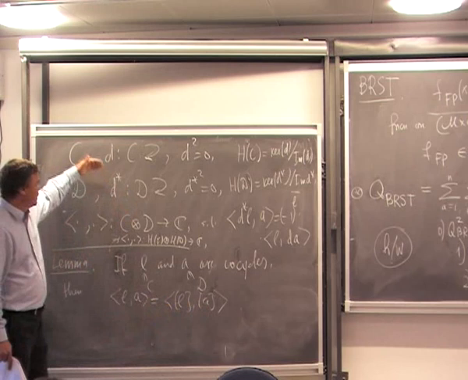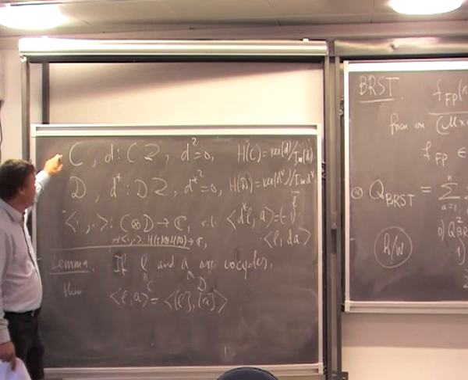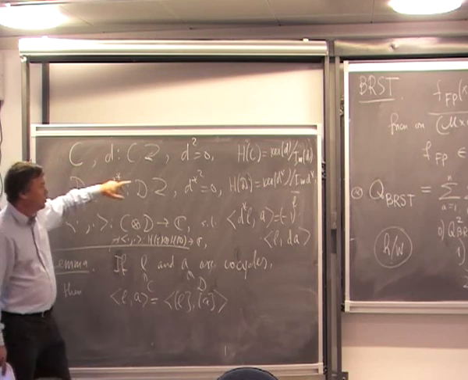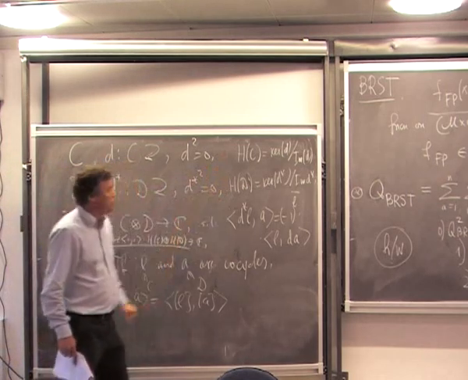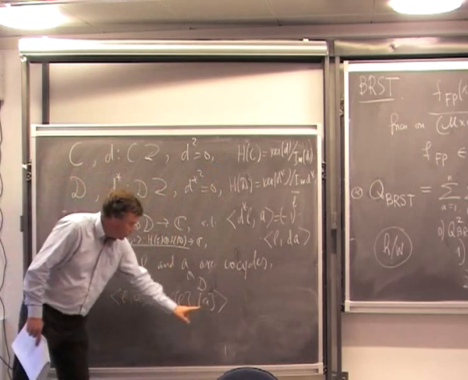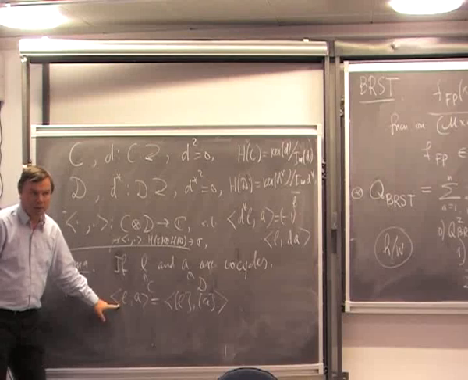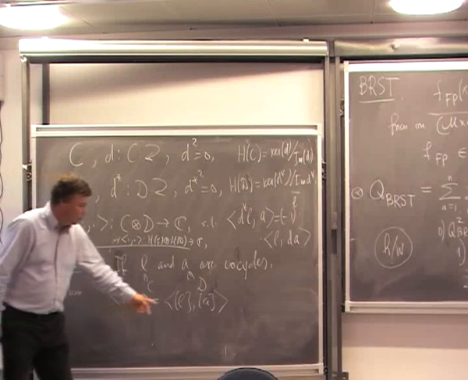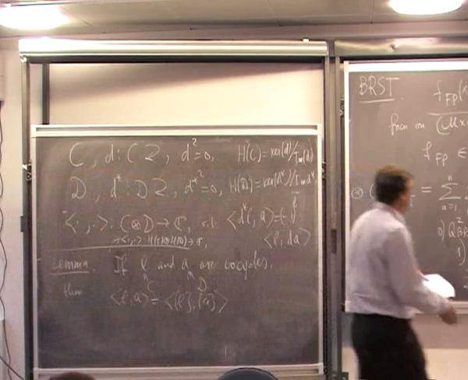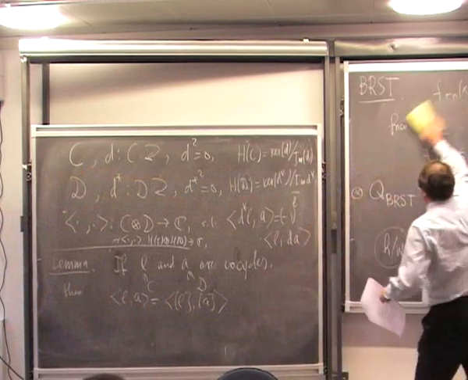Then suppose that you constructed this resolution, cochain complexes C and D, whose cohomology classes are H of C and H of D. Then, if you want to compute this pairing, you can compute the pairing between representatives. And this will give you an alternative computation of such a pairing.